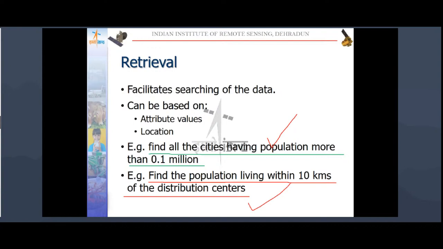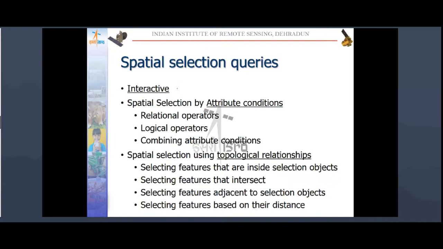So these selection queries can be based on three types: interactive, attribute conditions, and spatial relationship. We will see in detail one by one each of them.